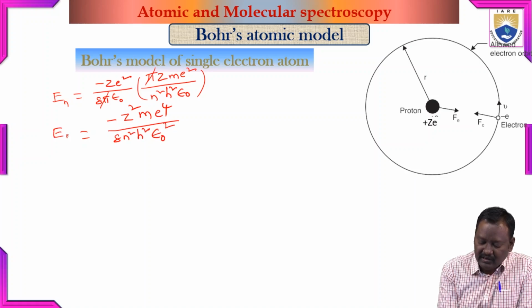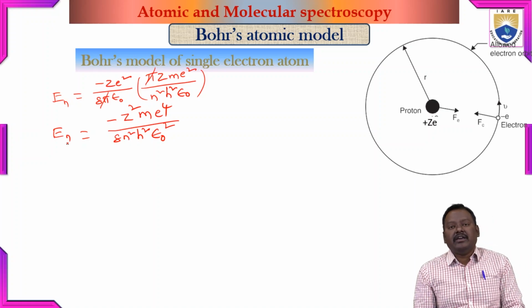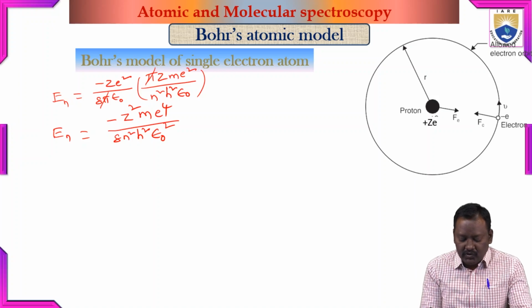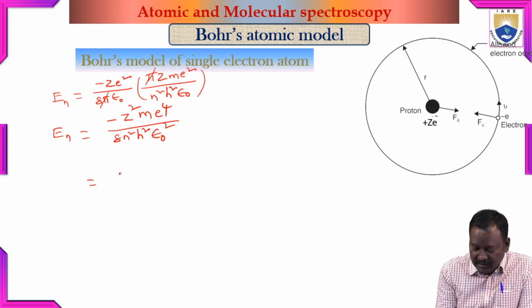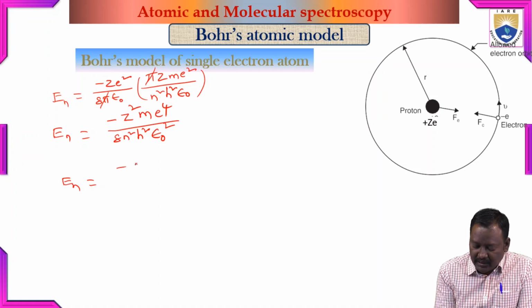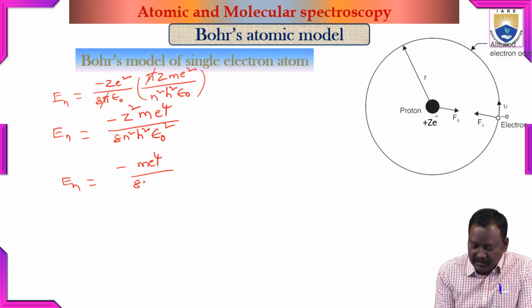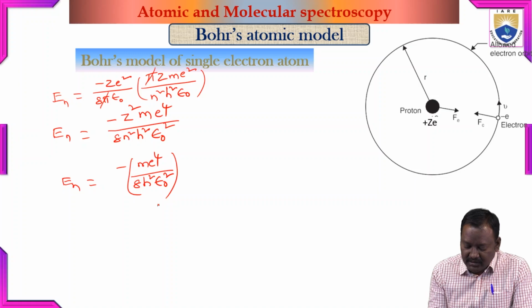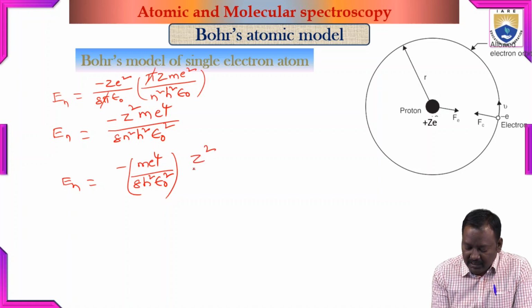So this is the energy of electron in different orbits. We can again write this expression as E n equal to minus m e power 4 by 8 h square epsilon naught square, as all these parameters are constant, and Z square by n square.